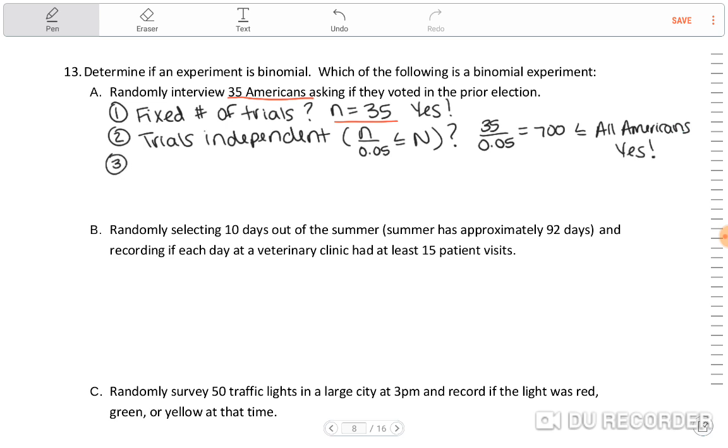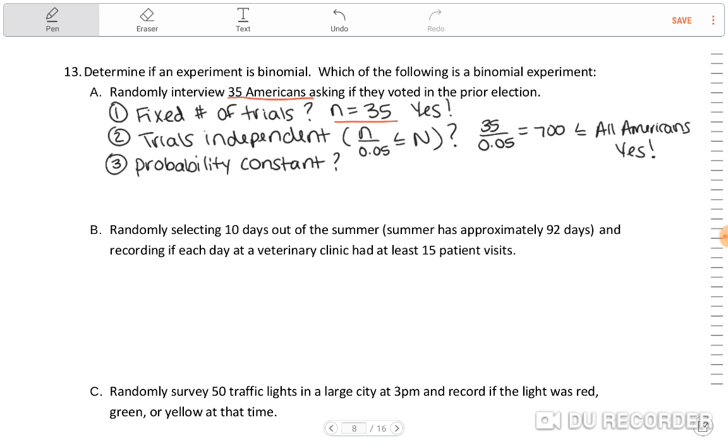Number 3, the probability of success on a single trial remains constant. Well, it says asked if they voted in the prior election. So they randomly interviewed.